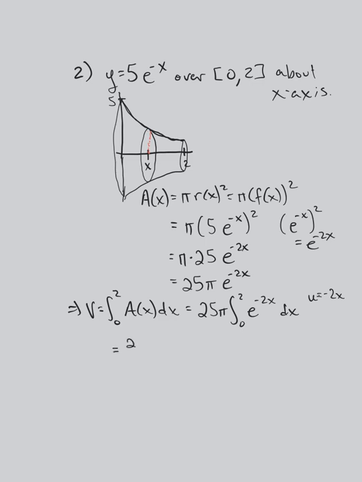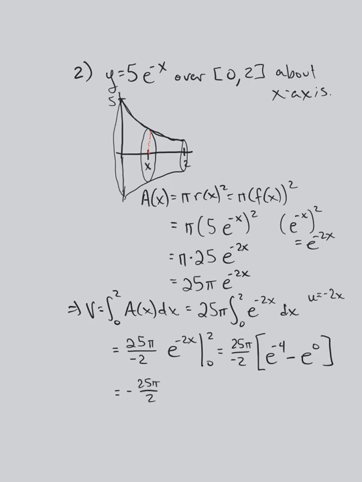If you got that down from previous examples, we know that we just divide by that slope, and so we get over -2. All right, and then an exponential anti-differentiates as itself, and so we're doing this from 0 to 2. We have this constant out front, so we can just keep it out front for our evaluations. And so what are we going to get? e to the -4 minus e to the 0. All right, and so we have -25 pi over 2.